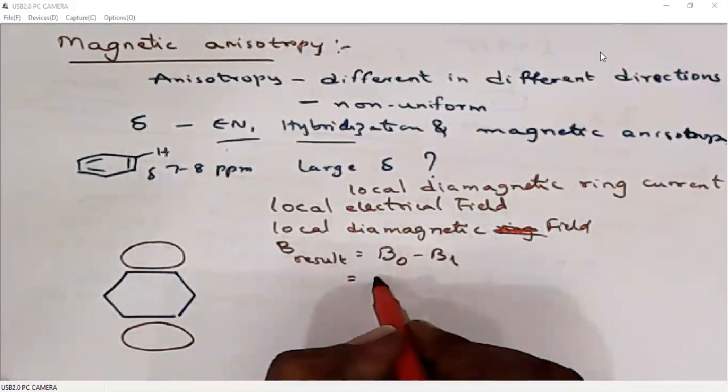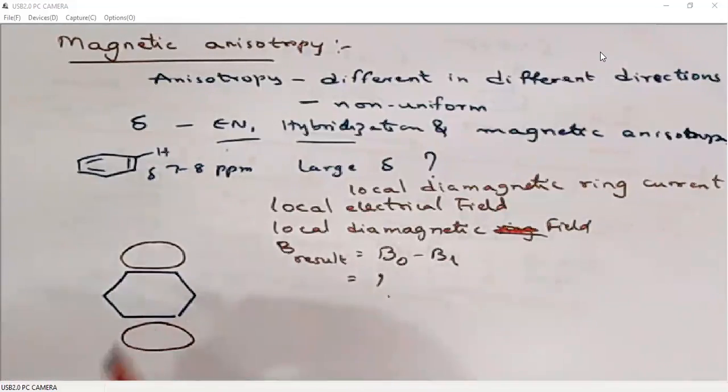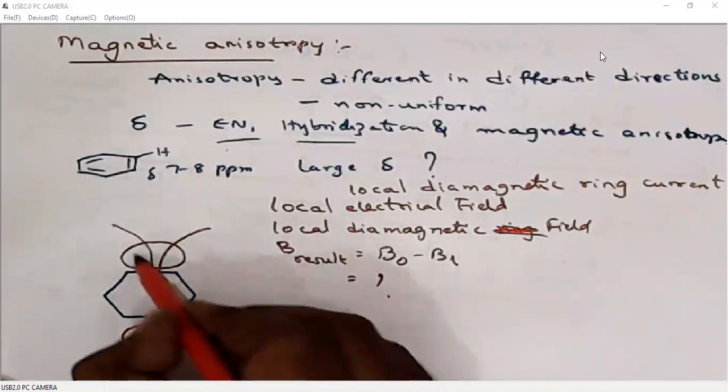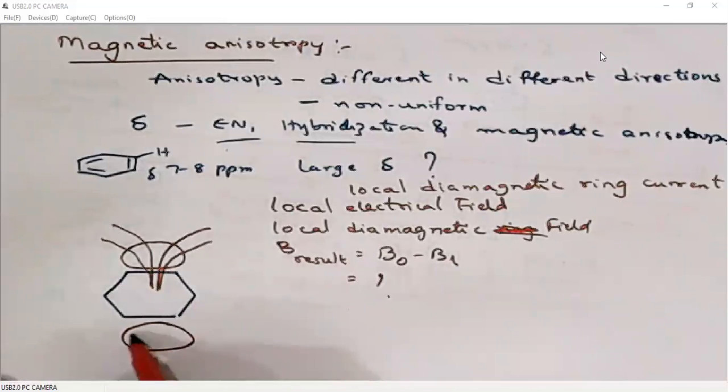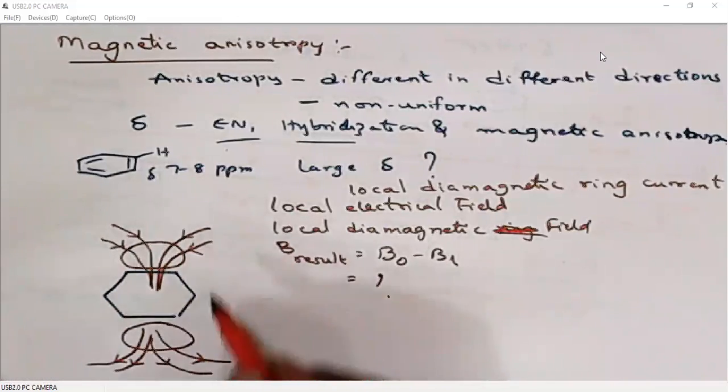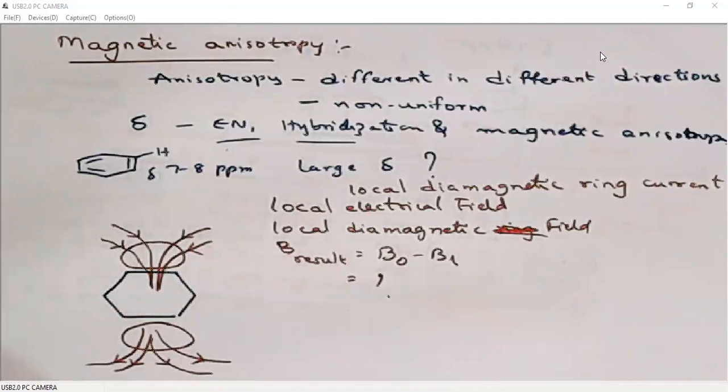But in this case, because these pi electrons are above and below the plane, the magnetic field generated will also exist above and below the plane.